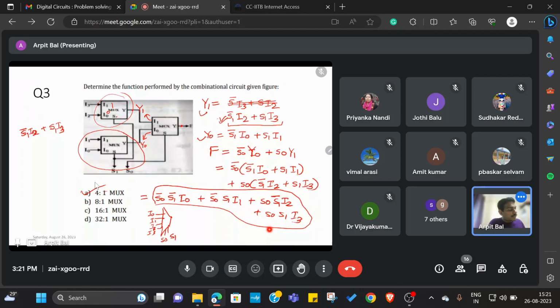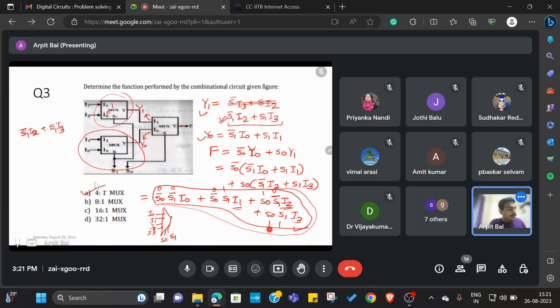If you have anything in this particular format, then you can clearly state that it's a mux. Here, if 0 0 is selected, I0 is selected; if 0 1 is selected, I1 will be selected; if 1 0 is selected, I2 will be selected; if 1 1 is selected, I3 will be selected.